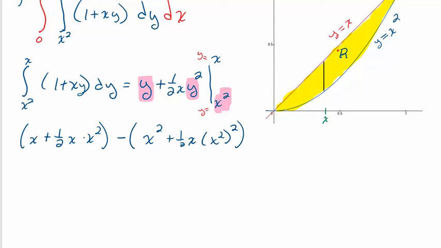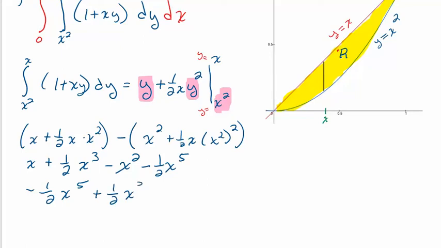Now we'll simplify this. Minus 1/2 x to the 5th. I'll rearrange this and write it in descending order. I don't see any like terms here. Plus x. That's going to give me the area of one slice at any particular x.